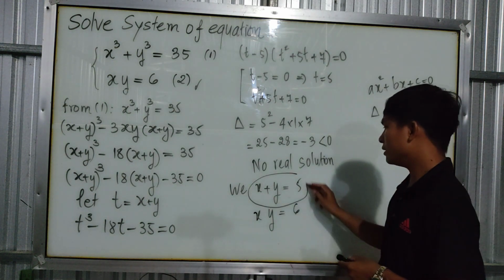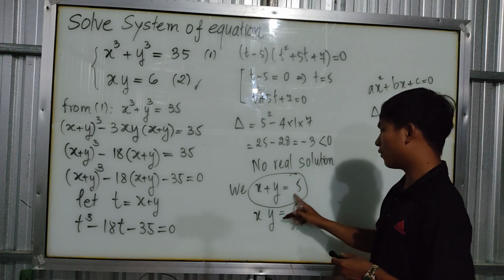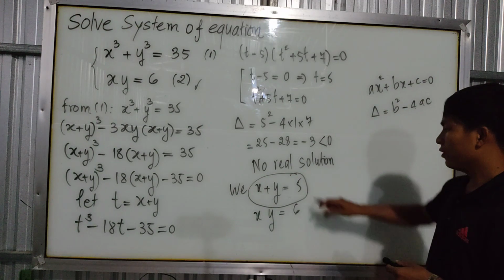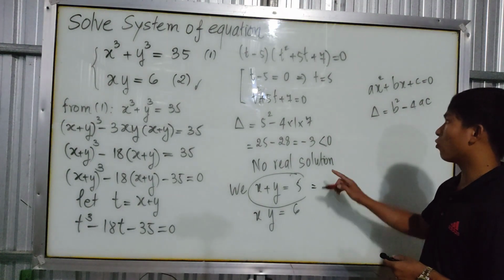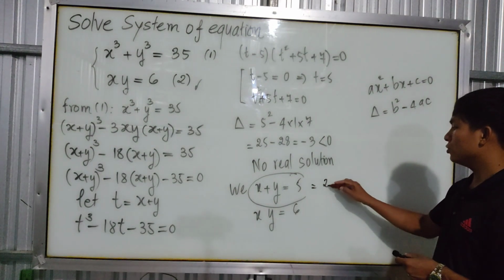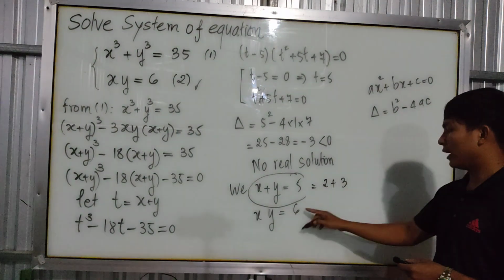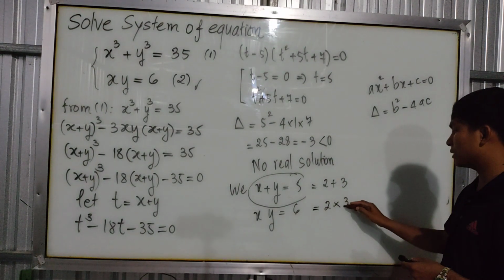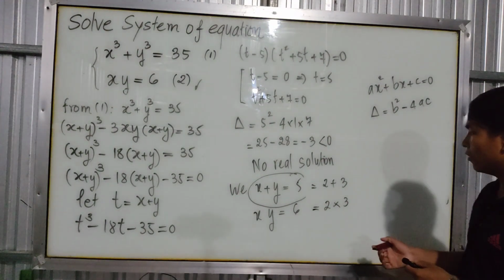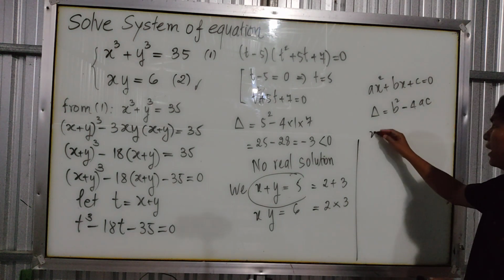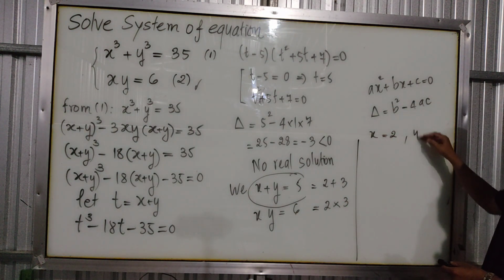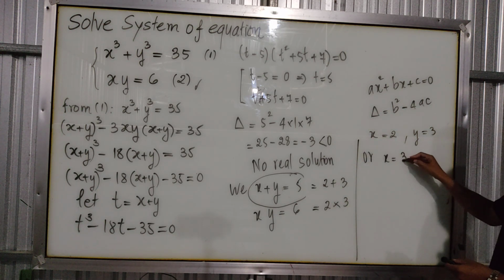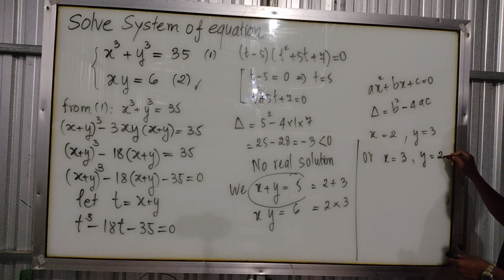We can write 5 as 2 plus 3, and 6 as 2 multiplied by 3. So we get x equal to 2 and y equal to 3, or x equal to 3 and y equal to 2.